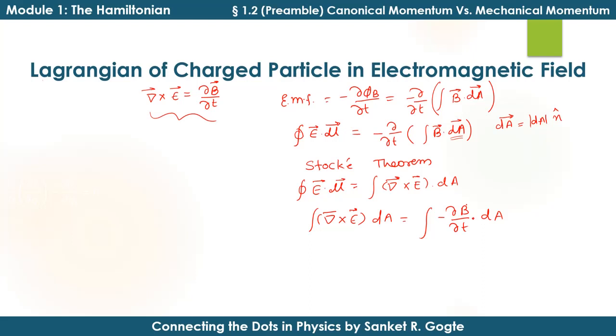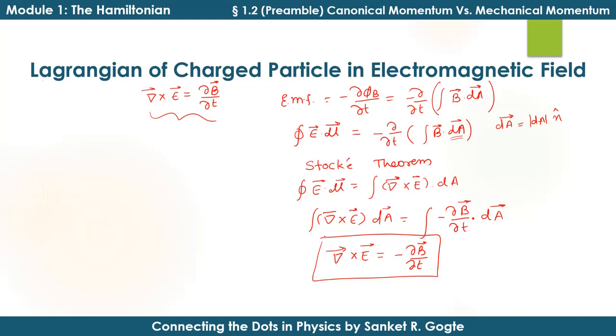So now both of them are integrated over the area element, and we can therefore write del cross E is equal to minus dou B by dou t. As I said, this is basically Faraday's law of induction in differential form.